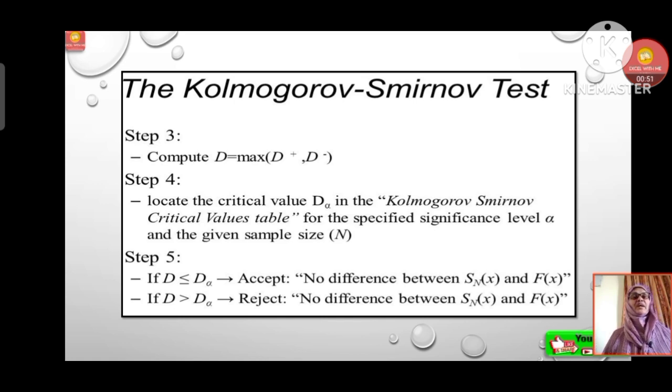Step 5, decide whether to accept or reject the hypothesis. If there is no difference, then you accept. If there is a difference, then you reject.